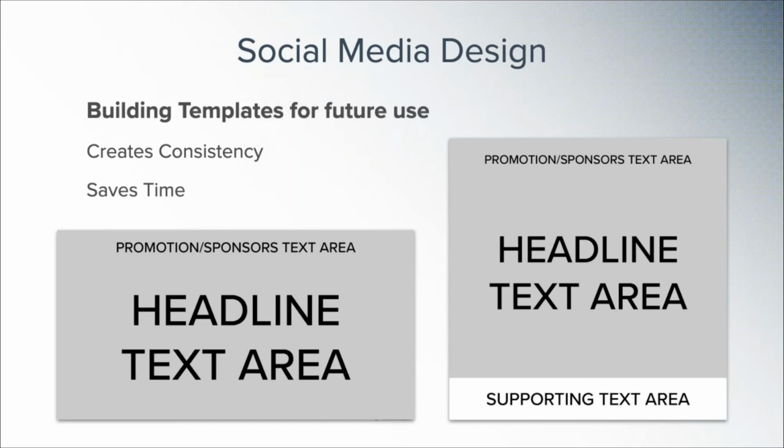We created a placeholder area for adding visuals, images, or photographs. We highlighted the bottom of the post where a call to action or supporting info can be displayed. And lastly, we made sure to include a space for promotional copy or sponsors for an event or a talk. All of which we have done to simplify the post and the ad into a basic template so we can easily use this for similar types of content or posts in the future.